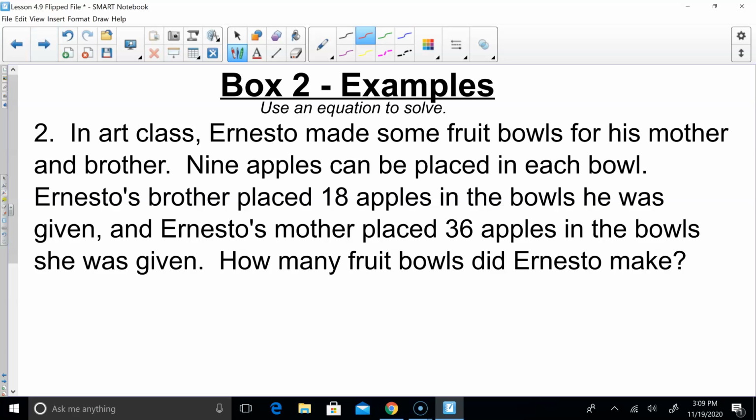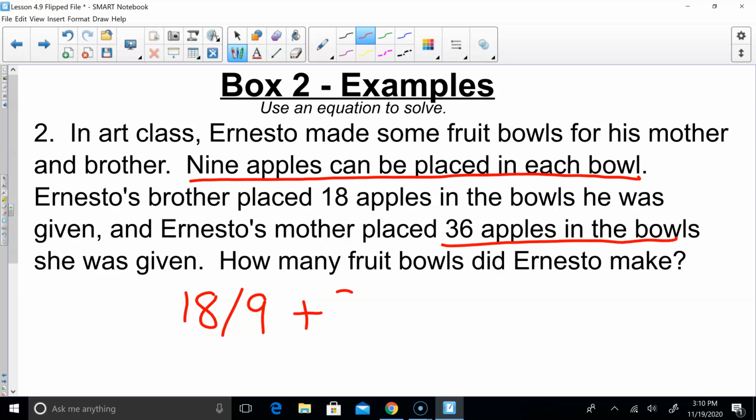So if you look at her brother, it says that he has 18 apples. Well, 18 apples, and we know that 9 apples can be placed in each bowl. So that would be Ernesto's brother right there, plus, now his mother could place 36 apples in her bowl, so 36, and we know that 9 go into each of them, which then would mean equals how many, B for bowls, because we've got Ernesto's brother, we have Ernesto's mother, and with that, we can figure out how many bowls he's made.